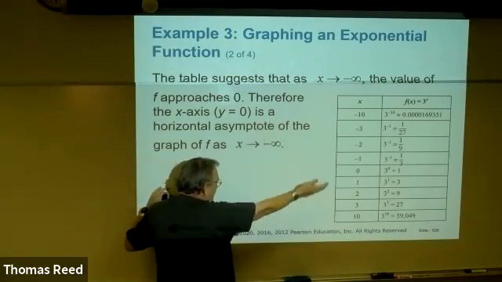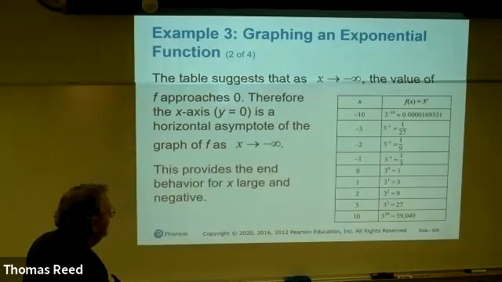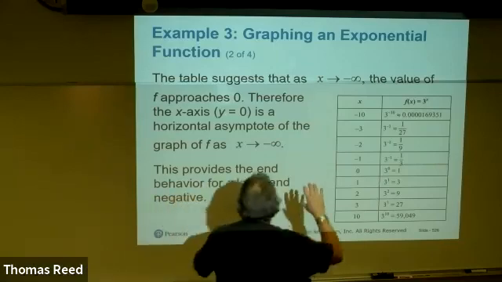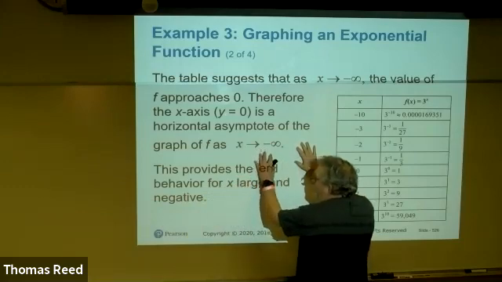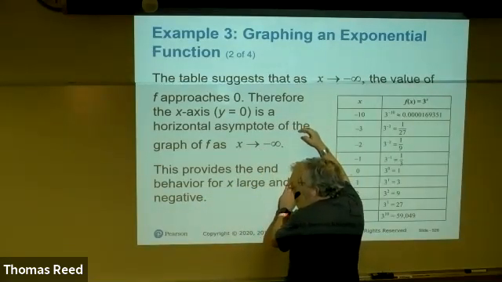As x increases, y increases. We very often say it increases without bound. This describes the end behavior for very large and negative x. Okay, so as x gets very negative, then we have a horizontal asymptote.